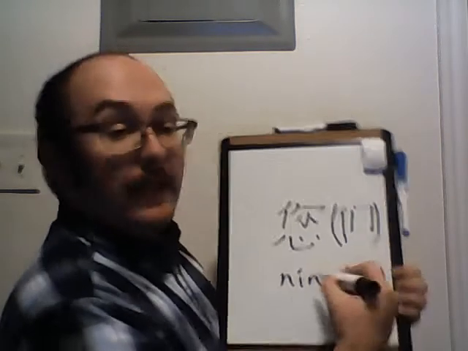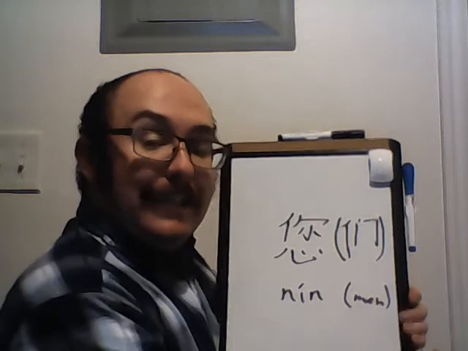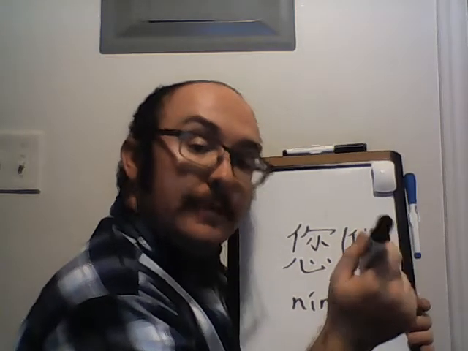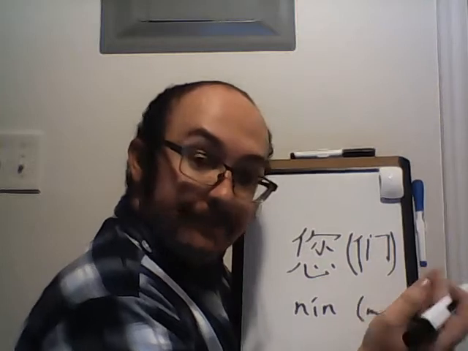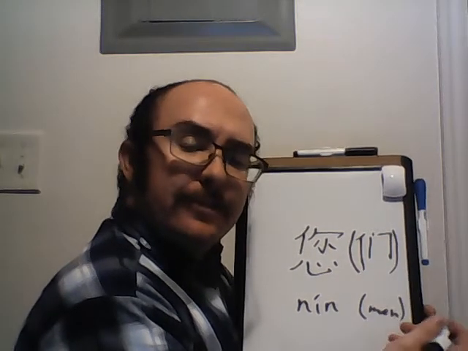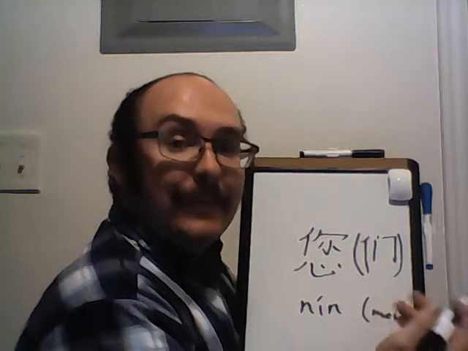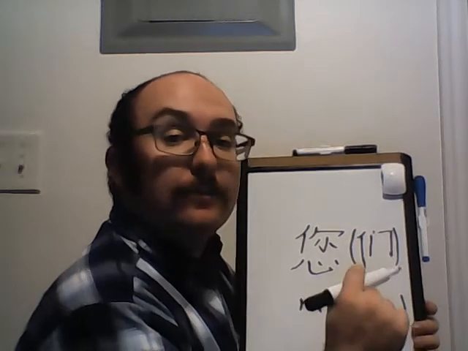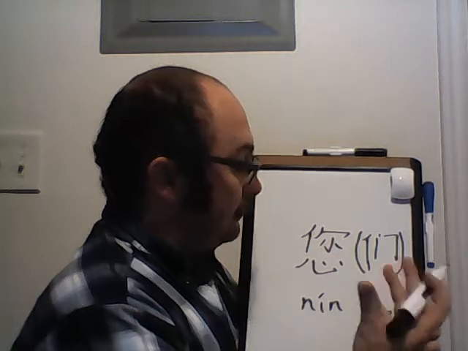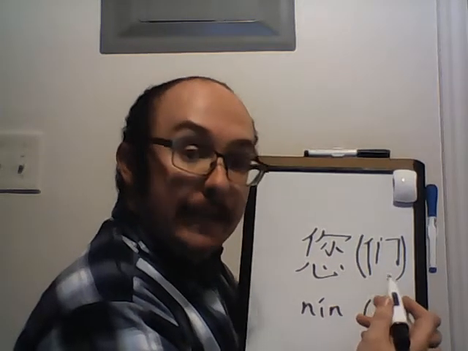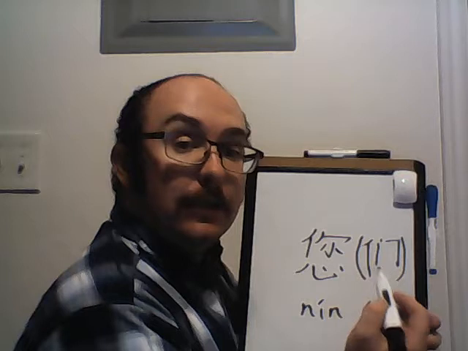So nin men. Nin means you, but it's a more formal you. If you're trying to show a lot of respect for someone, you refer to them as nin. You'll greet them with nin hao. Or if you're trying to show respect for a group of people, nin men.